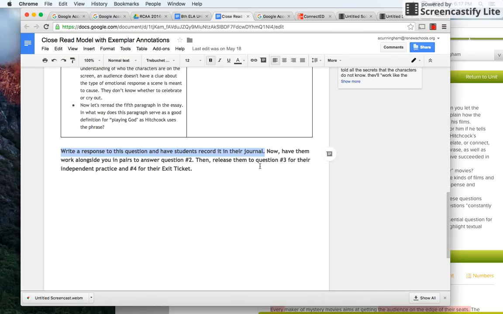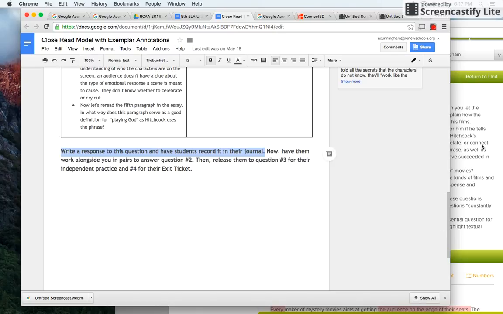And then have them work alongside you in pairs to gradually release them: number 2, partners for 3, independent practice for 4 for their exit ticket. And this will really give them multiple opportunities to see that they've got the hang of these close reading questions.